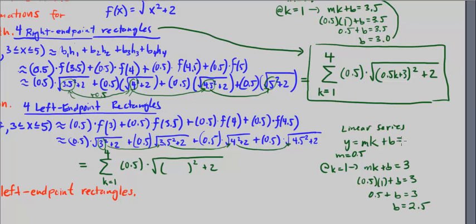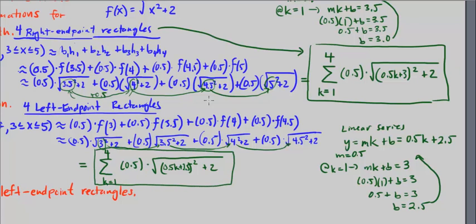So we plug it back in, we have 0.5 times our variable k plus 2.5. And we could plug that then in here where our linear series is, 0.5k plus 2.5. And that here is our summation notation for left endpoint rectangles, 4 of them.